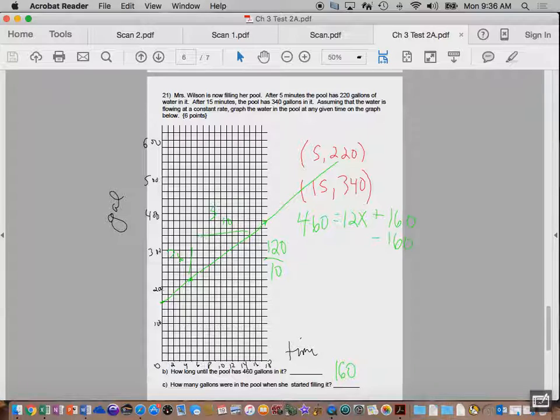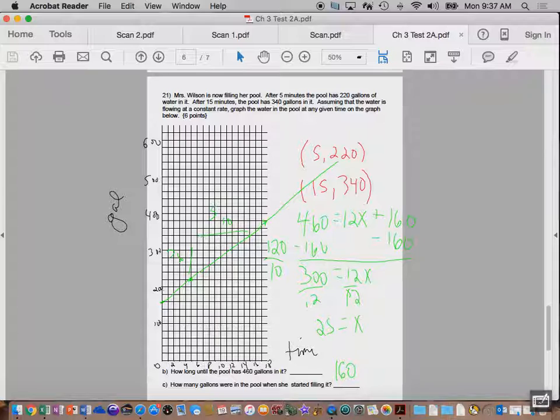I minus the 160, and I get 300 equals 12x. Dividing by 12, x is equal to 25. Okay? Doing that division, I come up with 25.